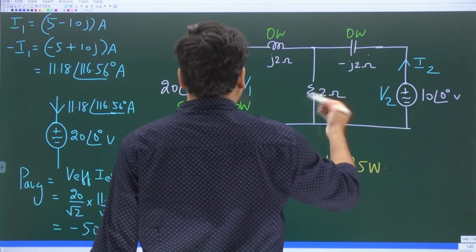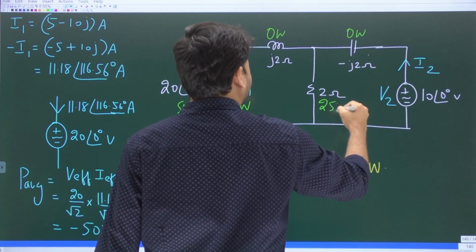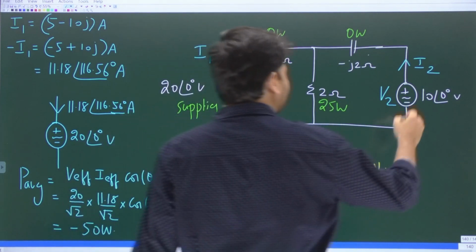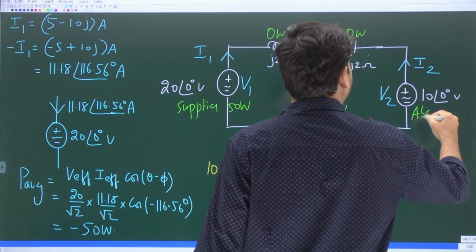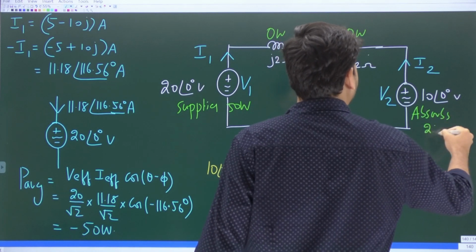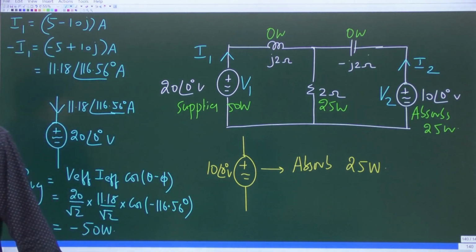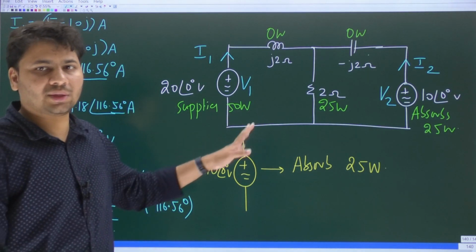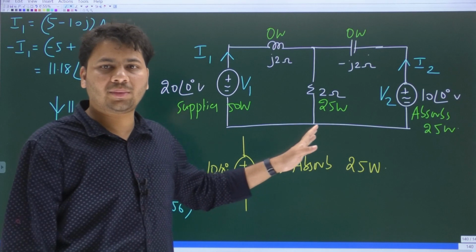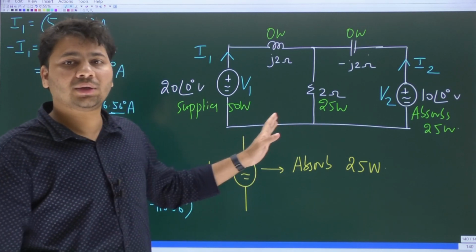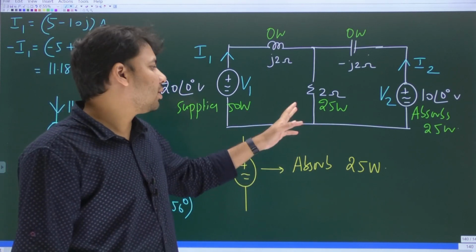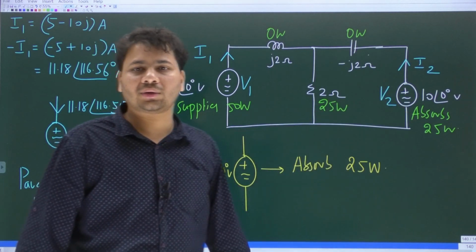And the resistor will always absorb, right? And it will absorb 25. And the other source also absorbs 25 watts. Again, energy is conserved. Whatever power is supplied by this, that is getting absorbed by both the resistor and the other source, okay?